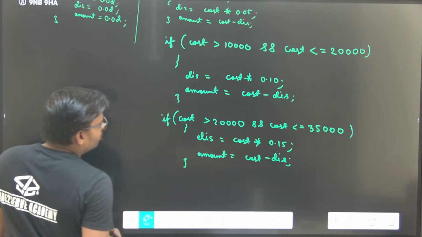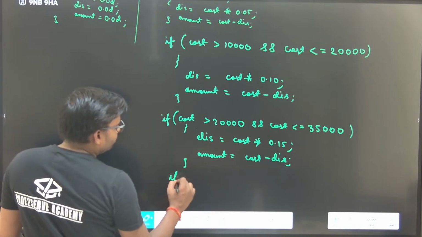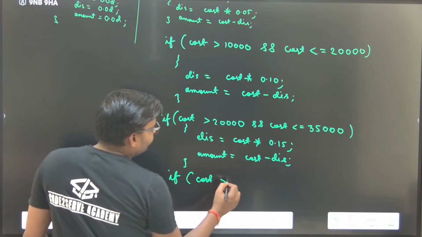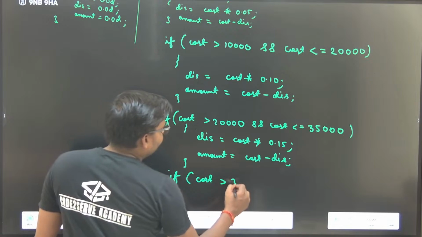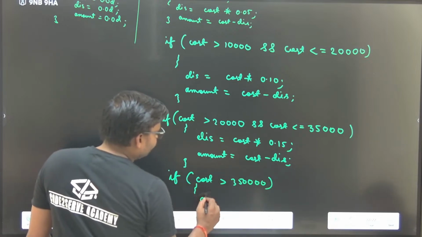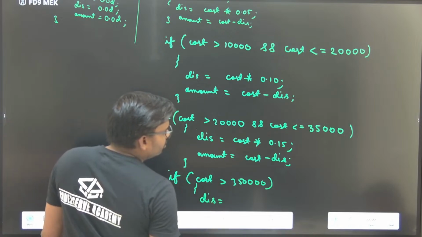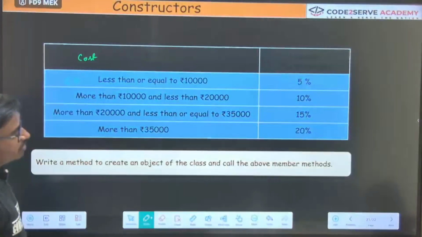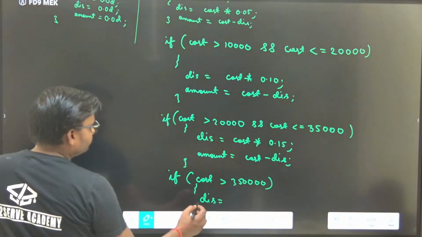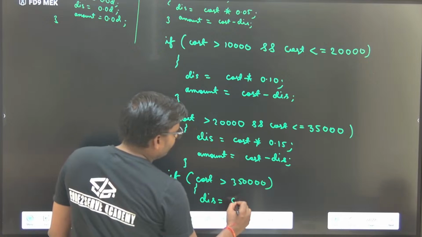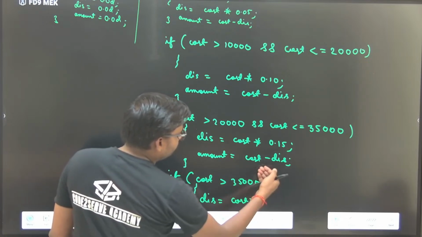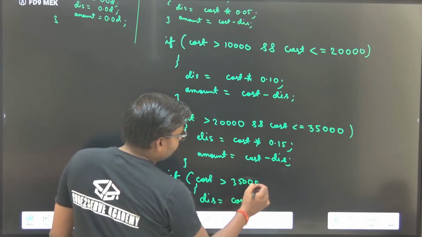Next, what is the third case? If cost is greater than 35,000, then the discount is 20%. Cost into, okay, this is 35,000.